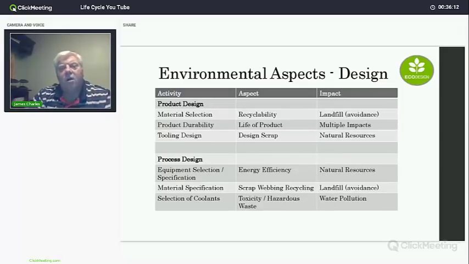When we put a new cell in our process design, we put a new wash line in, we select the equipment. Well, that's an activity. The equipment has a certain energy efficiency. We can specify materials. So do I specify a 3-inch steel roll or a 3.5-inch steel roll? Well, I can do it with 3-inch, but I have a bunch of quality problems.